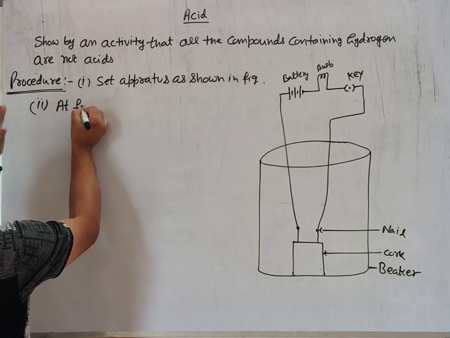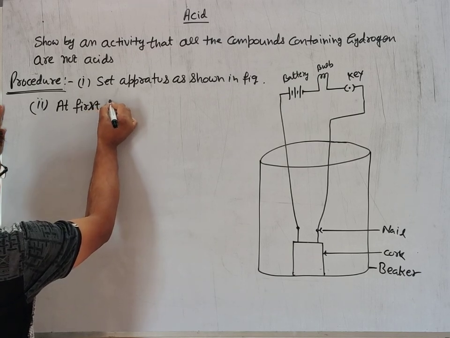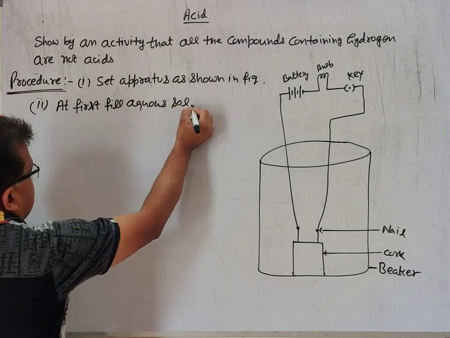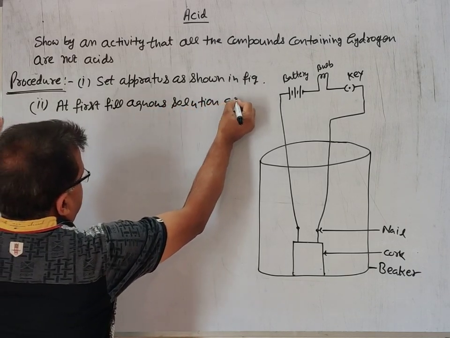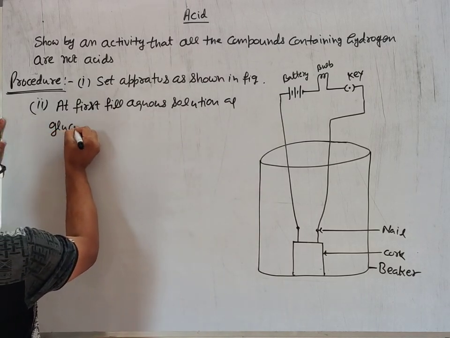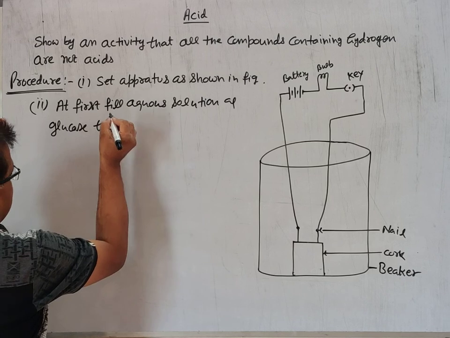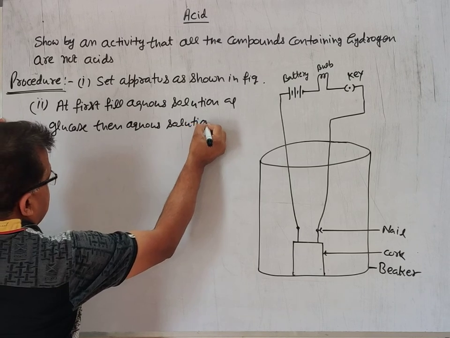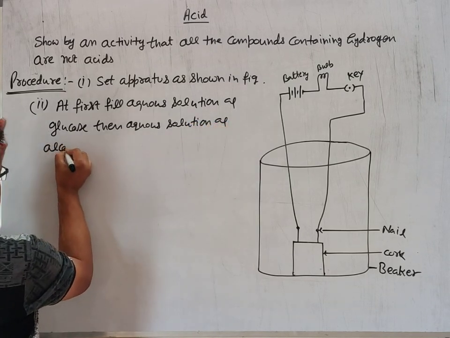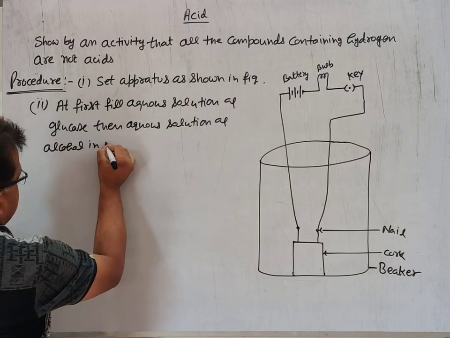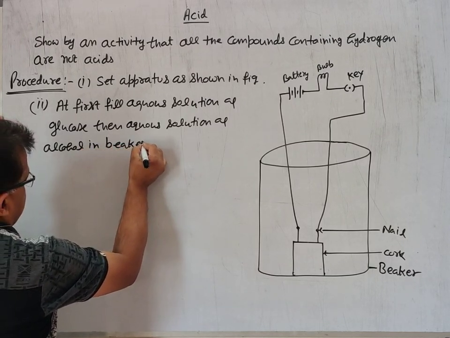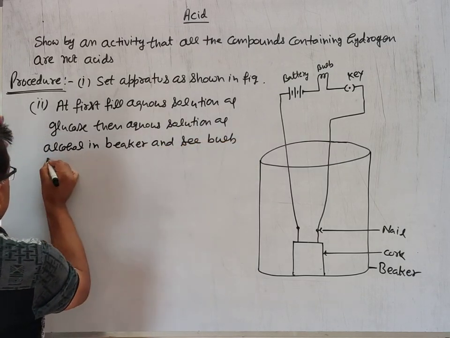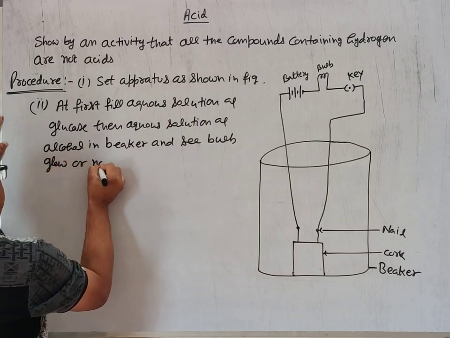At first fill an aqueous solution of glucose, then an aqueous solution of alcohol in the beaker, and watch whether the bulb glows or not.